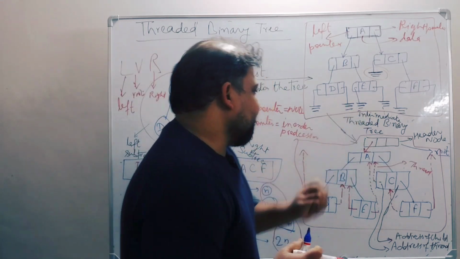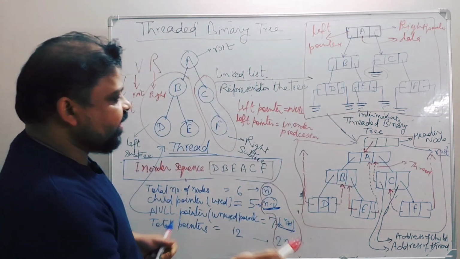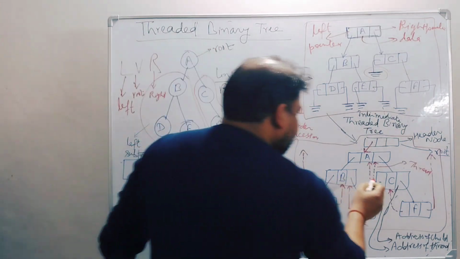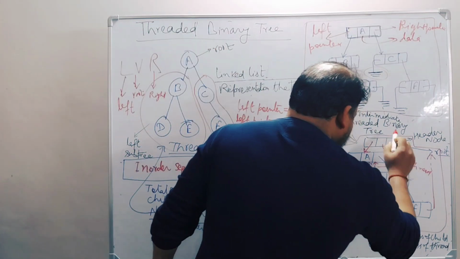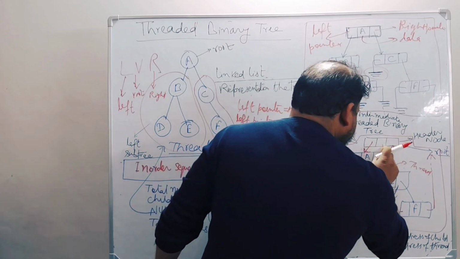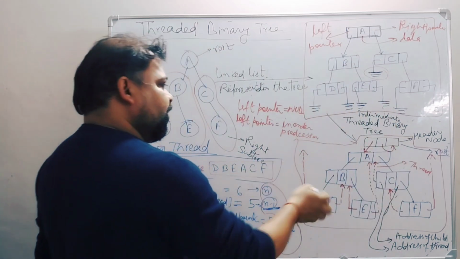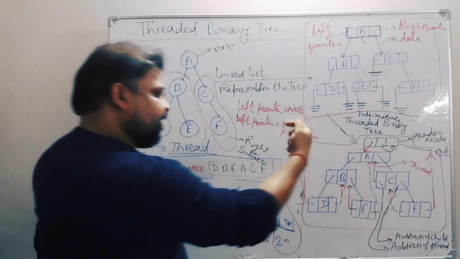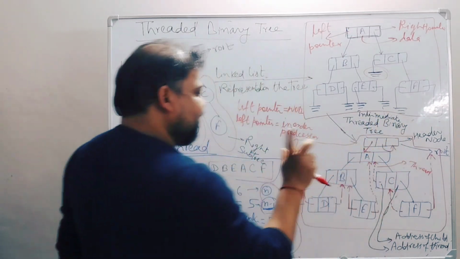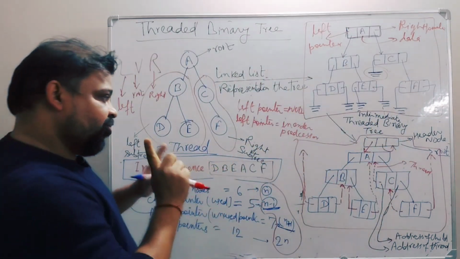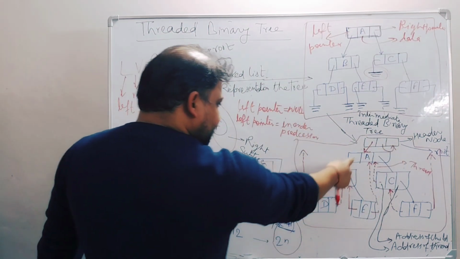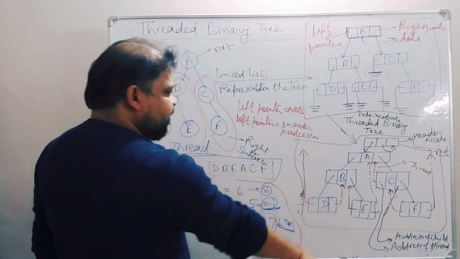What exactly for the right hand side? In the right hand side, it will point to itself. That means the right hand side will work as a child itself. Left hand side, the entire tree as a subtree. Right hand side, that node will point to itself, and both will be children. That's why I have given solid lines everywhere.